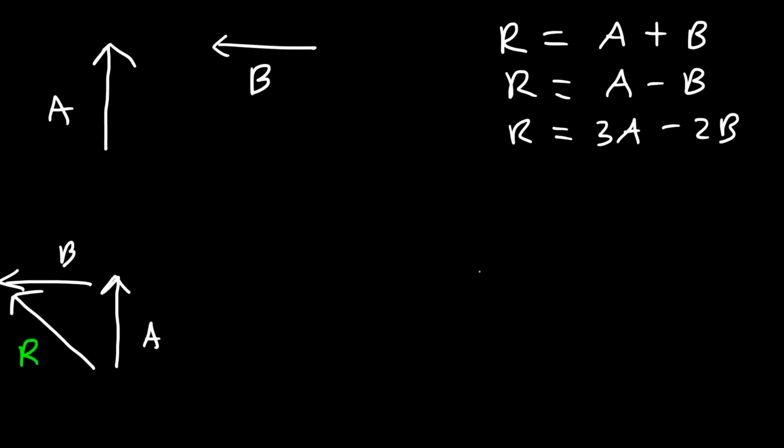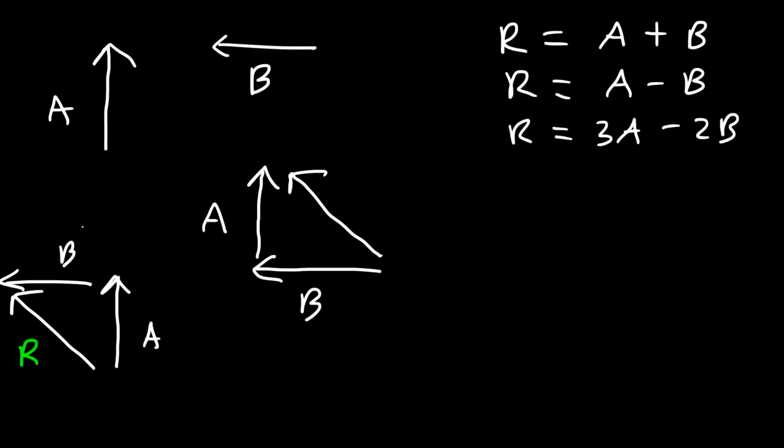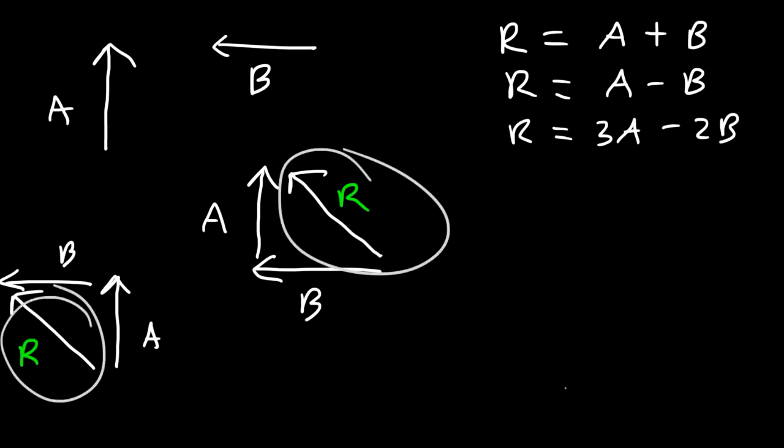Now we can draw B first if we wanted to. So let's say we started with B, and then we drew A. Notice that R has the same length and it's in the same direction. So it really doesn't matter which one comes first. So these two, they both look like this. So that's R. Now go ahead and try the second one.